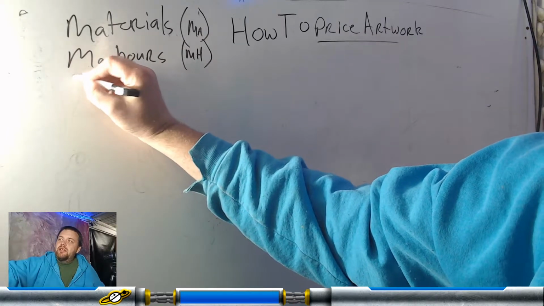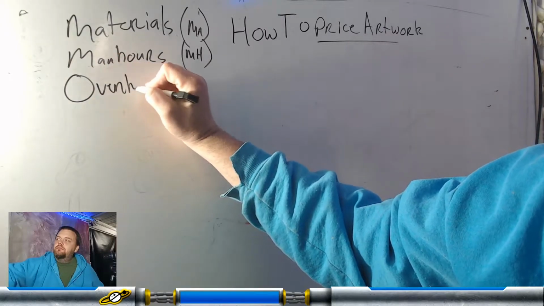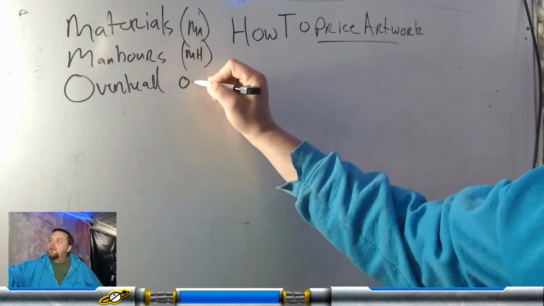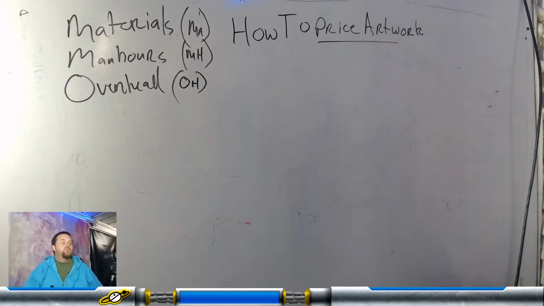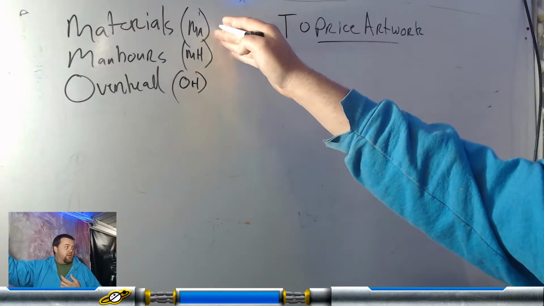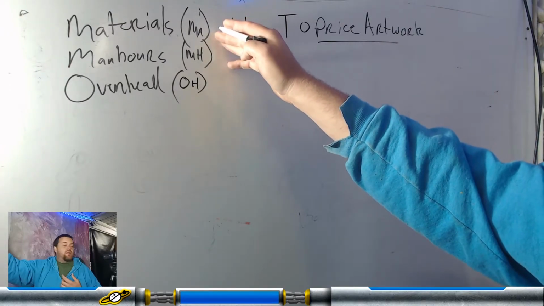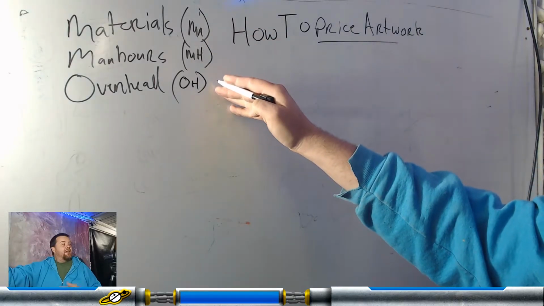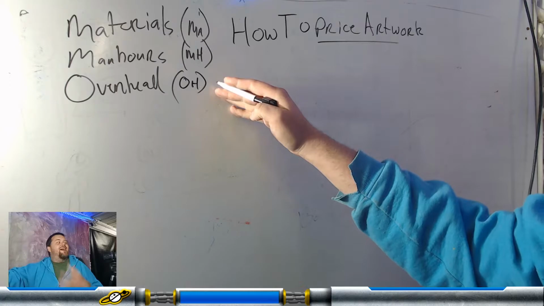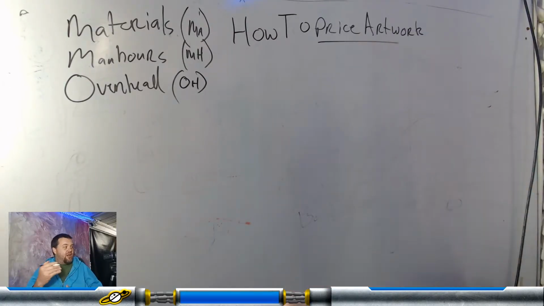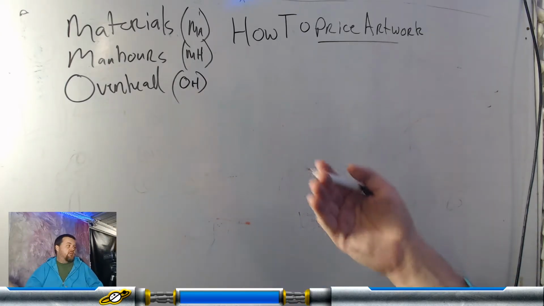Now the next one is going to be your overhead. Your overhead is basically everything that is not a direct cost of materials for the product. So this would not count for anything that would even be an ephemeral office product. This would be like power, water, shop, etc. So accounting for that, how much those things actually cost you, helps out if you know what those costs are.